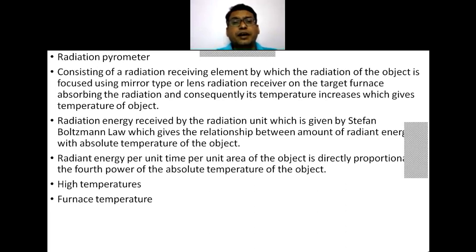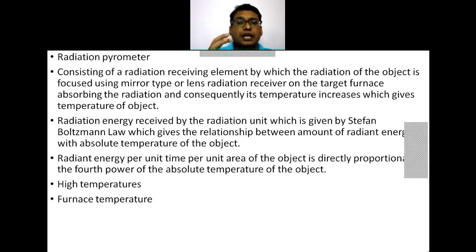The next is a radiation pyrometer. The radiations are received and concentrated, and they are then calibrated to give a certain relationship between the temperature and the amount of radiation received. It consists of a radiation receiving element, by which the radiation of an object is focused using a mirror type or lens radiation receiver.